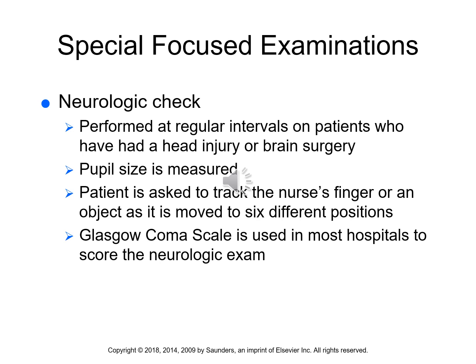The higher the number, the more aware or more conscious they are. The lower the number, the worse their brain functioning is. If the number is less than 8, then that person is considered comatose, meaning they're not responding at all. So you want that Glasgow Coma Scale to be higher in your patients that have had head injuries.